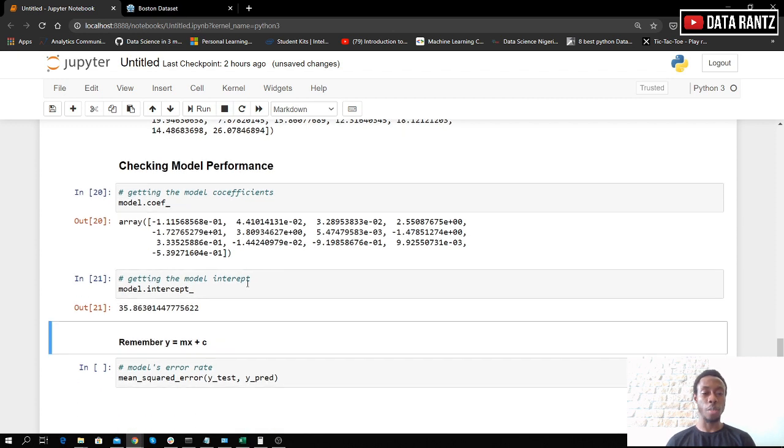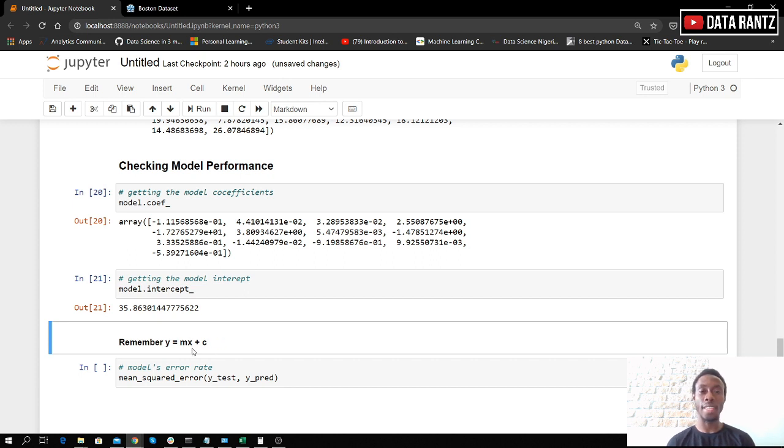All right, I'm going to explain this now. For those of us that did a little bit of math and know about the straight line graph, you would remember y equals mx plus c, which is the equation of a straight line graph, where you can tell y given any value of x based on your slope and the intercept.